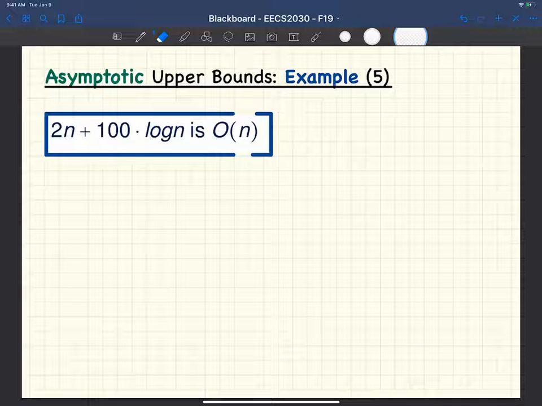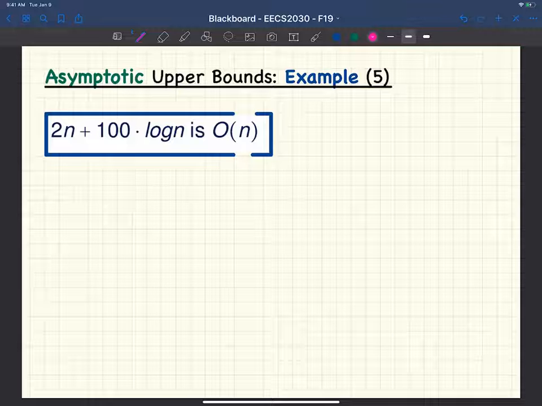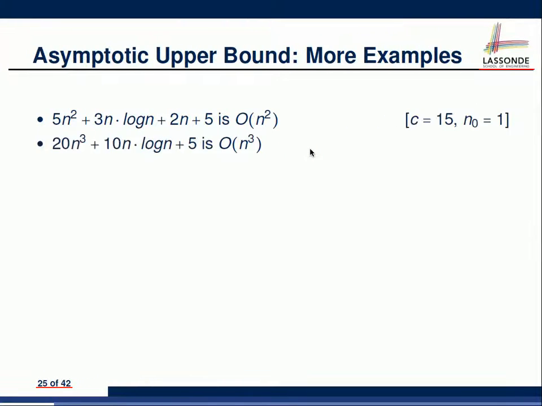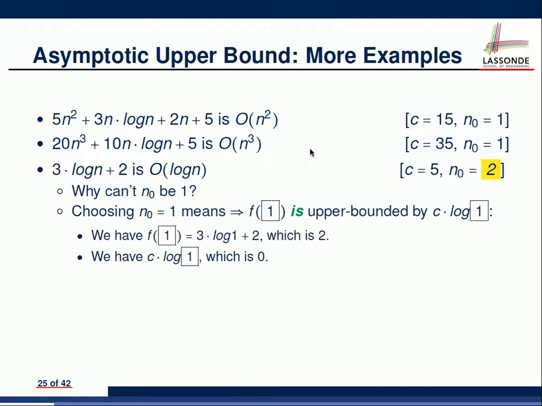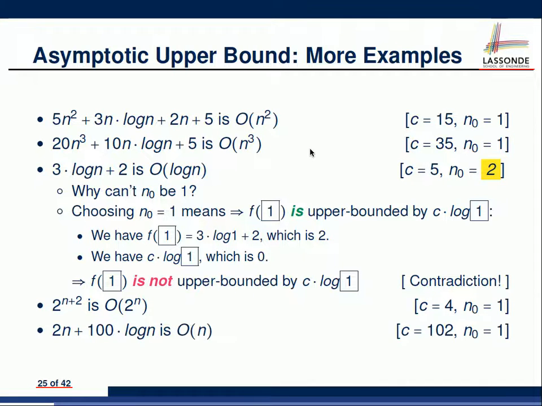I'll leave this part empty for you, so when you review the iPad notes, feel free to print it out and do it. But when you see the slides, that's basically what we're doing over here. And especially for the third one, when one doesn't work, I also have an explanation there for you. So now, when you do, for example, this guy here, which I just showed, it will turn out you can simply choose 1 or 2 and also 1.